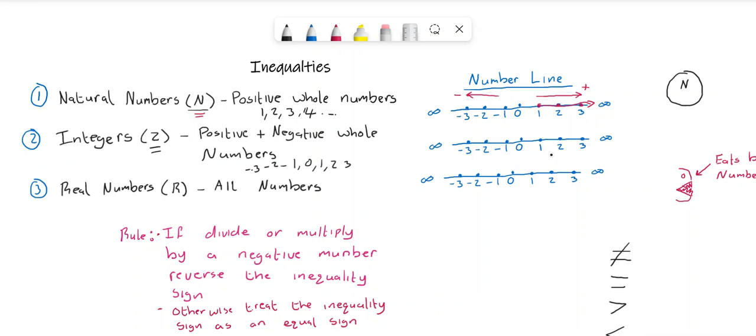So these are the integers, and a way to think about it is that the set of integers would include the set of natural numbers, and then also have the extra negative numbers as well.